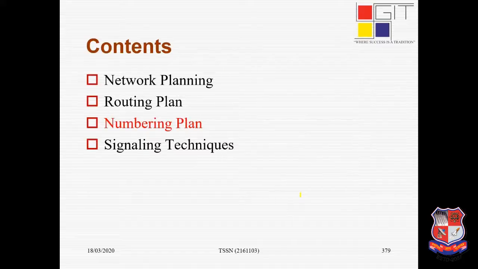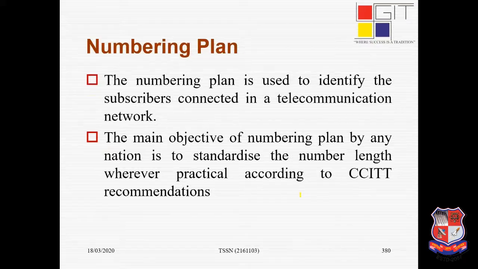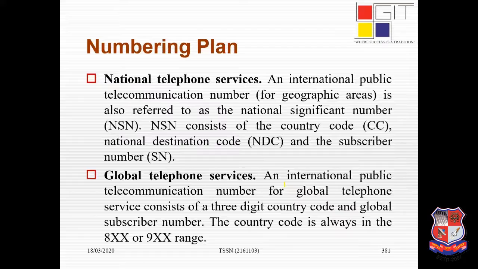Numbering plans. A numbering plan is used to identify the subscribers connected in a telecommunication network. The main objective of a numbering plan by any nation is to standardize the number length wherever practical according to the CCITT recommendations. National telephone services: an international public telecommunication number is also referred to as an NSN.